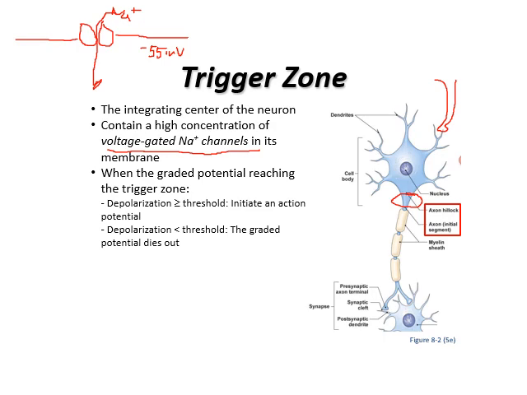So there are many excitatory signals, many inhibitory signals coming at the same time. But if they all add up to -55 when we get to the trigger zone, we are going to open up those voltage-gated sodium channels. And remember, there is a high concentration, so there are lots of pathways for that sodium to come rushing into the cell here. Okay.